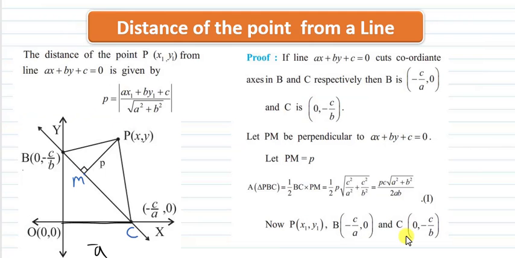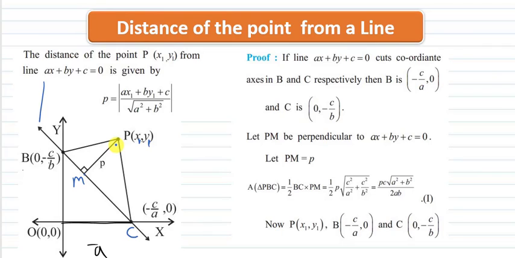Okay. Let's derive the formula for distance of a point from a line. That means we will be given a point. Let's suppose the point P whose coordinates are x1 and y1. That will be given, and one line will be given. Let's suppose the equation of this line is ax plus by plus c, and they will ask you to find the distance of this point from the line.